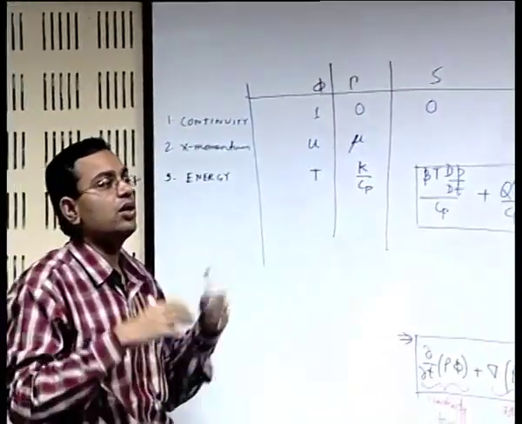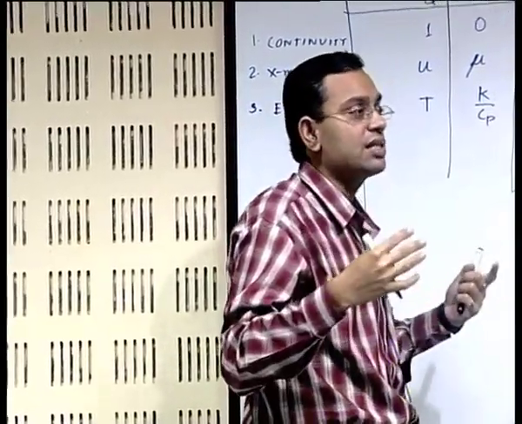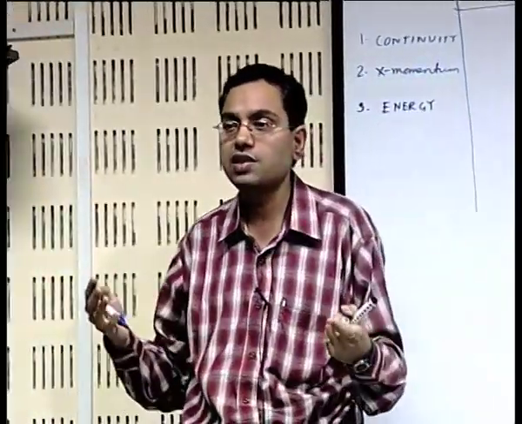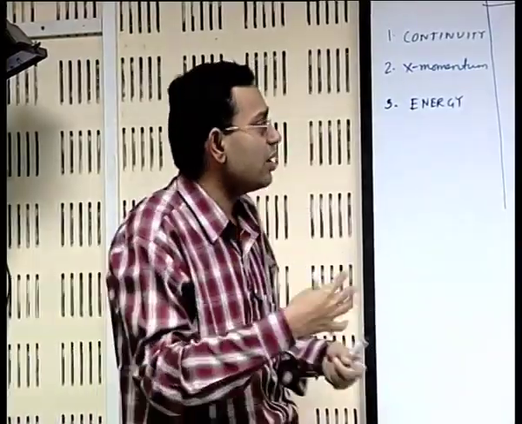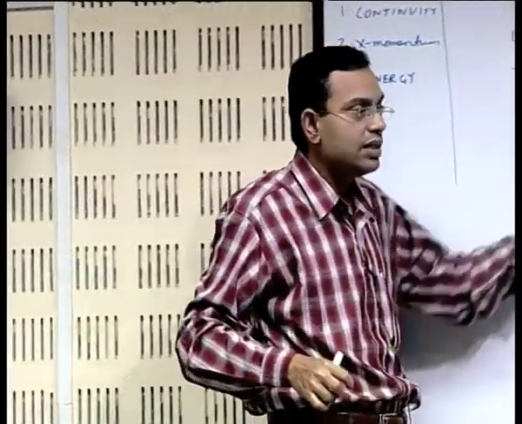Similarly, transport of a single species in a mixture. Say you have a mixture of A and B, in which you have A being transported in B. For that also we call it species conservation. So for that also you can write this similar equation.